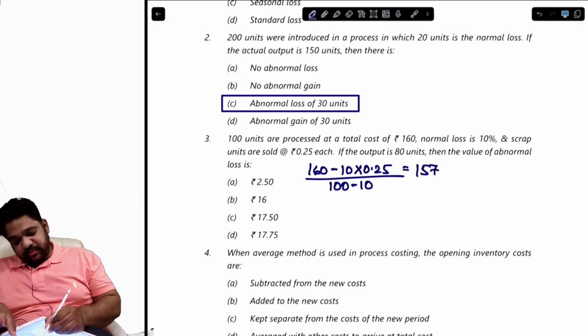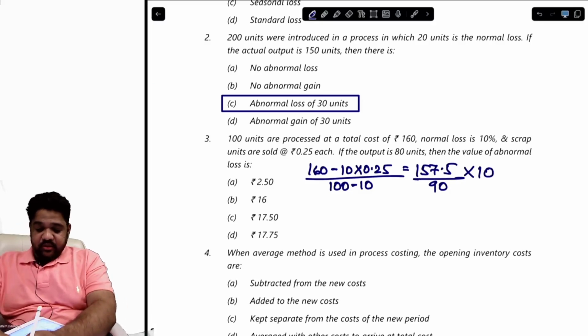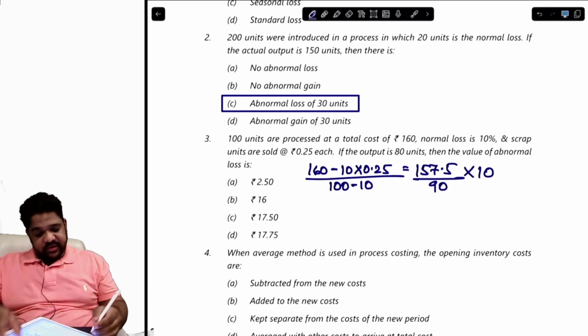So 157.5 upon 90, and these are 10 units. Let me quickly check. 157.5 divided by 90, into 10, is 17.5. C.